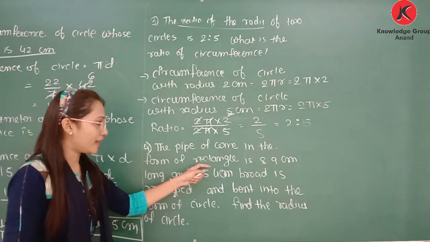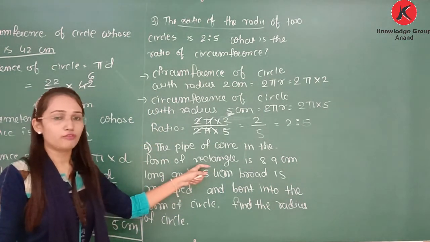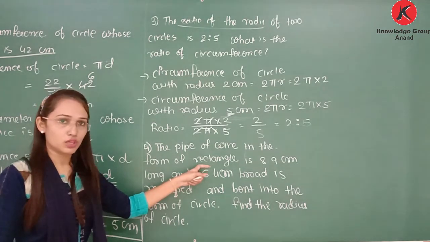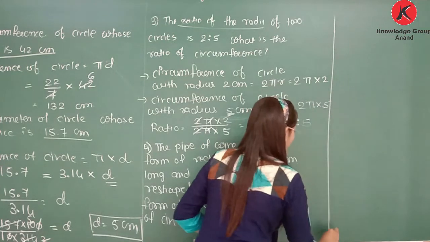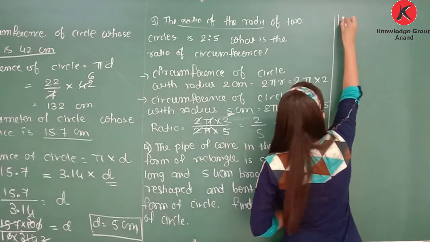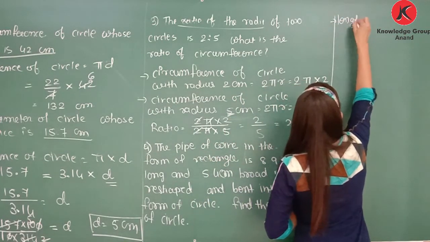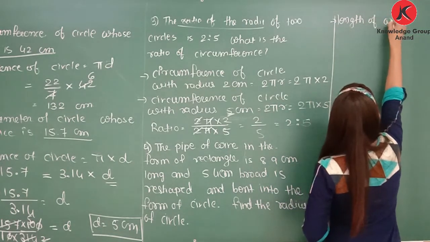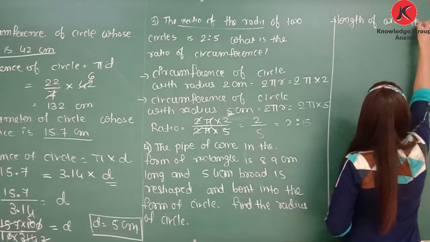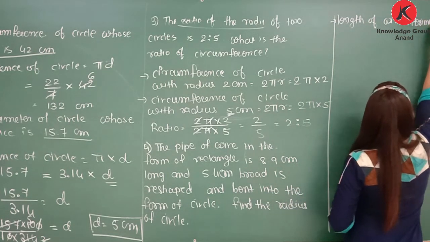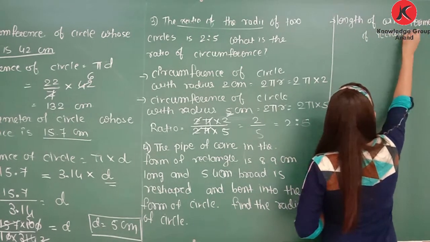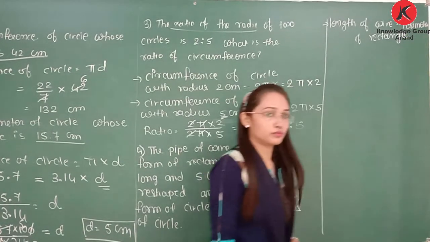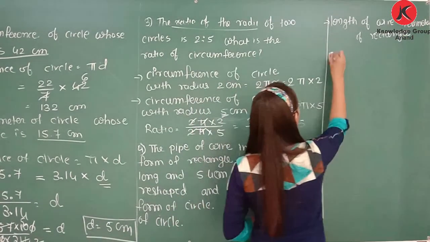So from the rectangle we can find the length of the wire because it is the perimeter of the rectangle. So length of wire is equal to perimeter of rectangle. Now what is the perimeter of the rectangle?